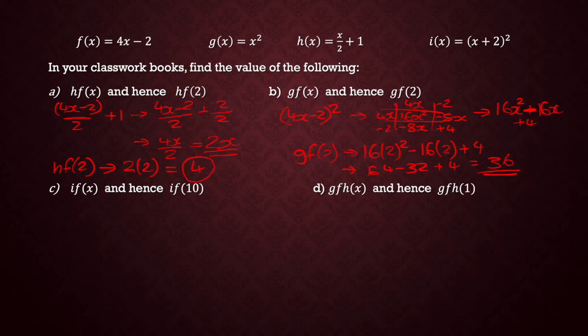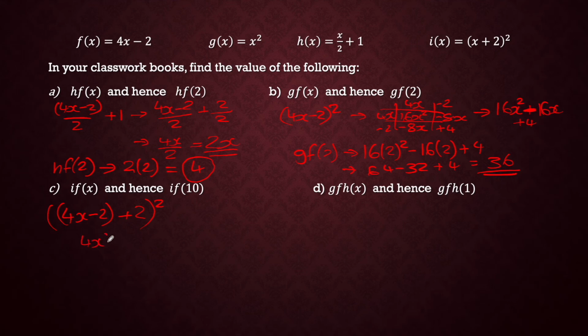Okay, last couple. I f of x. So we're going to start writing I of x, but we're going to put f in instead where x is. So it's not going to be x plus 2 squared. We're going to have our 4x minus 2 plus 2 all squared. Okay. Now those brackets don't really matter at the moment in the middle. So it's just going to become 4x and then minus 2 plus 2 is going to be 0.